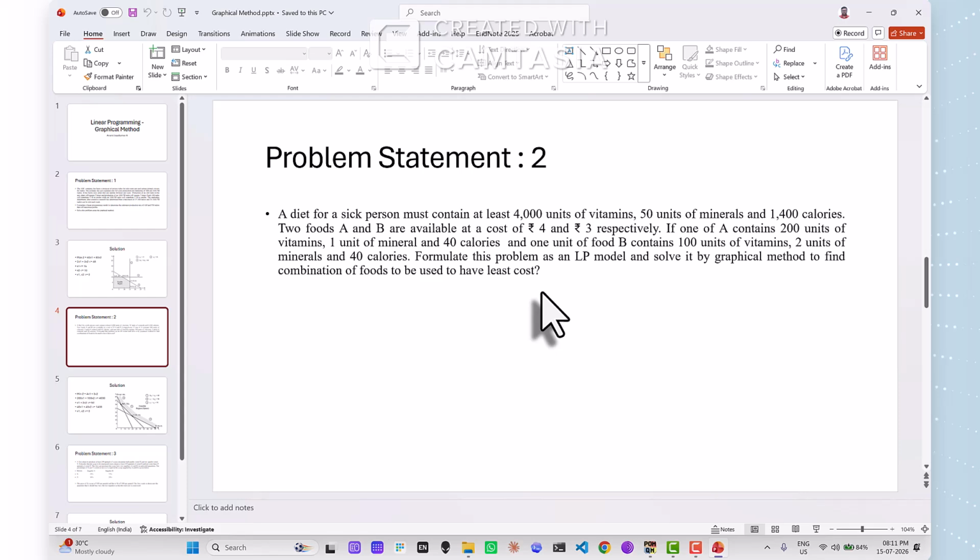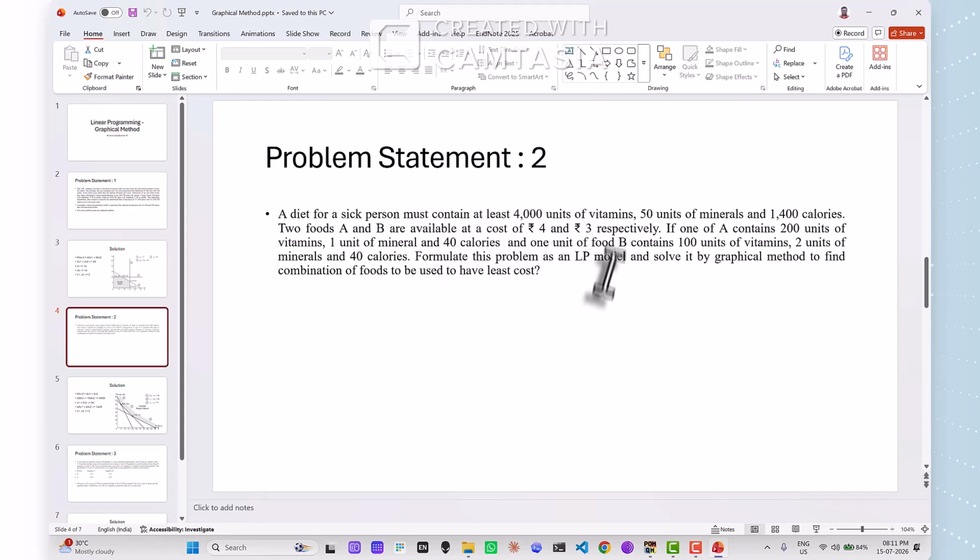If one unit of A contains 200 units of vitamins, 1 unit of mineral and 40 calories, and 1 unit of food B contains 100 units of vitamins, 2 units of minerals and 40 calories. Formulate this problem as a linear programming model and solve it by graphical method to find combination of foods to be used to have least cost.